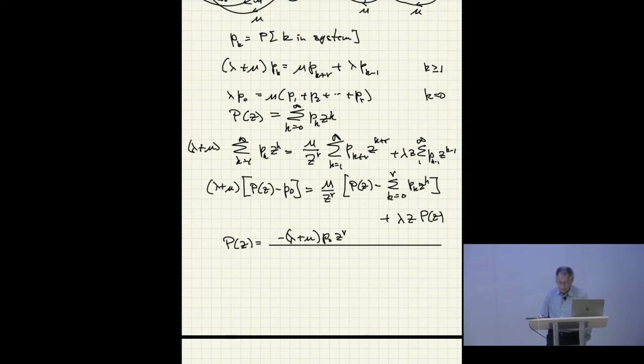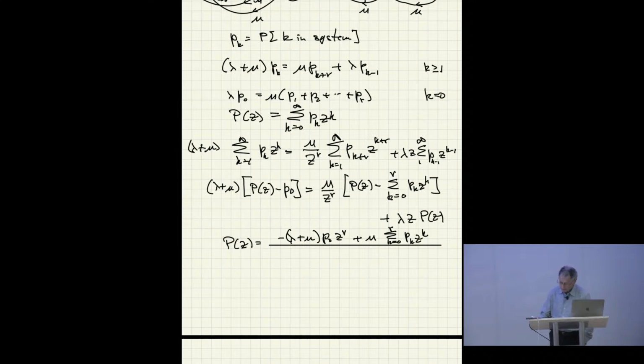And the other term I get is that funny sum. And that sum is a plus mu summation k equals 0 to r pk z to the k.